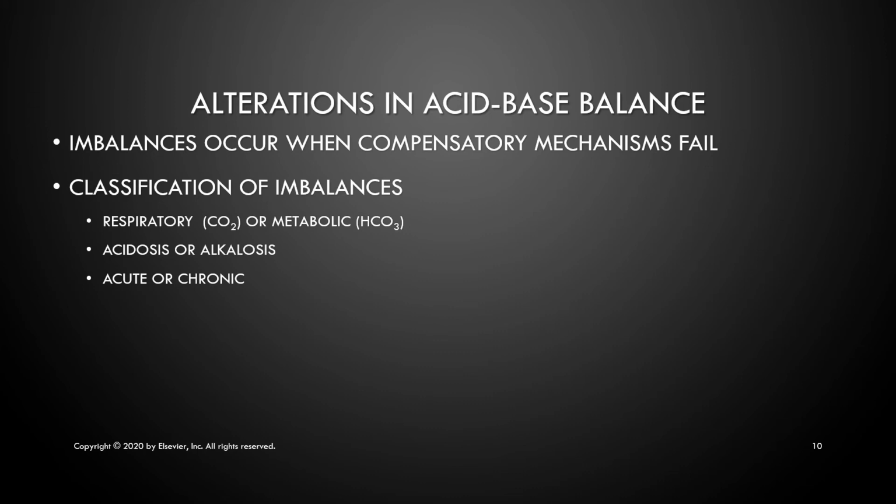So think about the diagnosis of COPD, chronic obstructive pulmonary disease. We're going to see that our pH might be within normal range, but it's not because our lungs are working correctly, because we know we have this pulmonary disease that's causing our lungs not to work correctly.